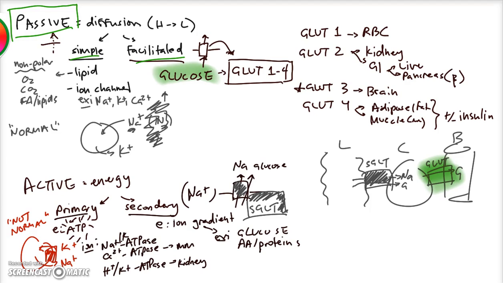The other type of transport is active. You can divide that into primary or secondary active. Primary always will require this little nugget of ATP. Secondary means that you need a chaperone.